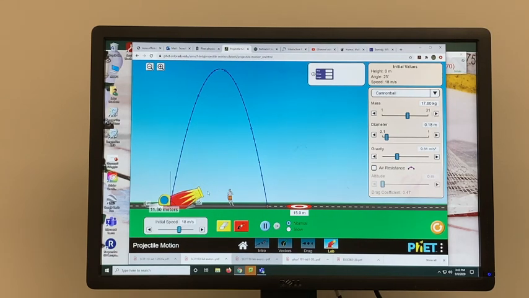Well, anyway. We'll do an example here of shooting it at a velocity of 10 meters per second. And then we fire it, and that's as far as it goes.